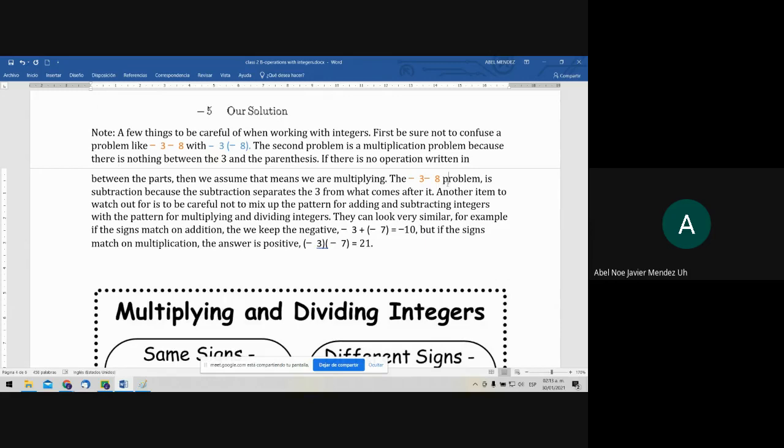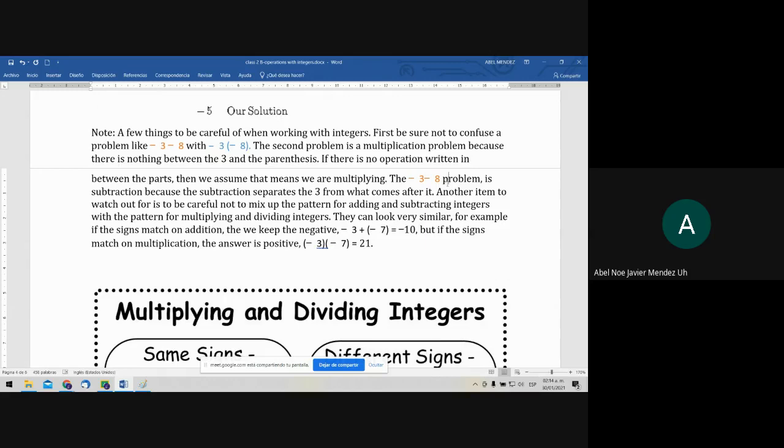Please focus here. The -3 minus 8 problem is subtraction because the subtraction sign separates the 3 from the number that comes after it.